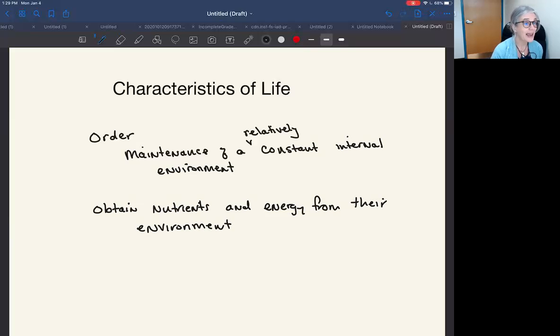When we're talking about energy, we're talking about the ability to do work. So the ability to convert that chemical energy into movement, for example, or into growth. In order for us to obtain nutrients and energy from our environment, we also have to be able to respond to external stimuli.